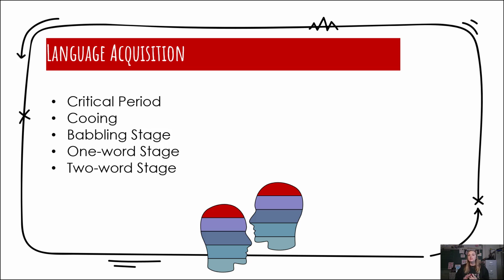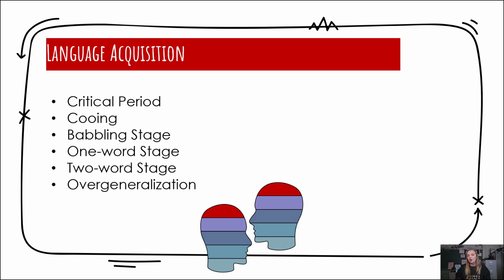Now let's talk about some different concepts that are important to know when we talk about language. The first is overgeneralization. Overgeneralization is the process of extending something beyond the circumstance to which it actually applies. It's really common in children to generalize standard grammatical rules to apply to irregular words.